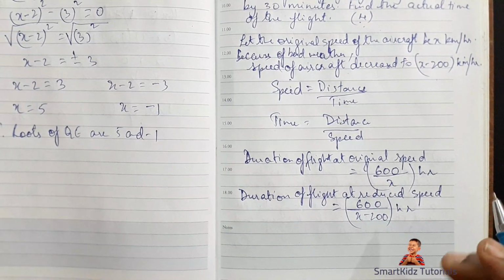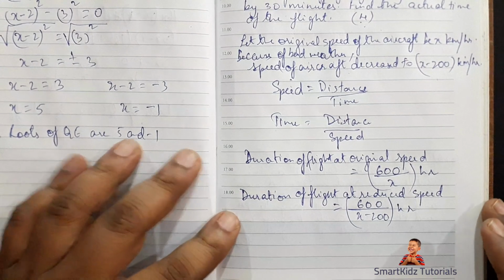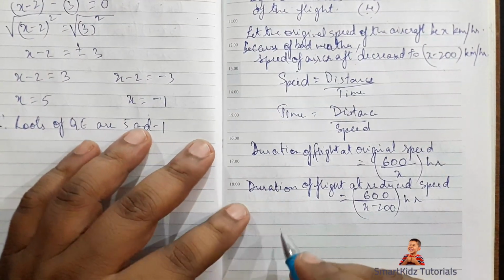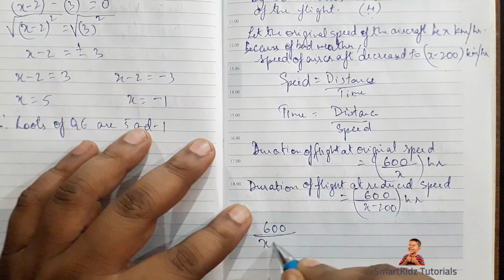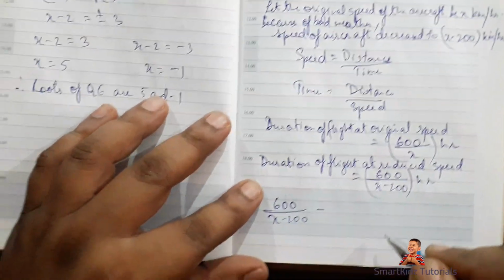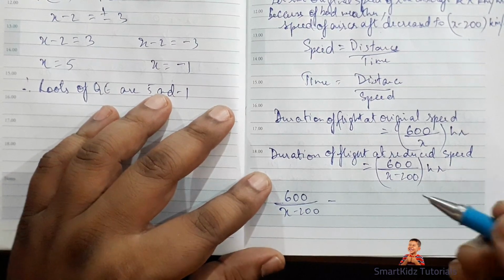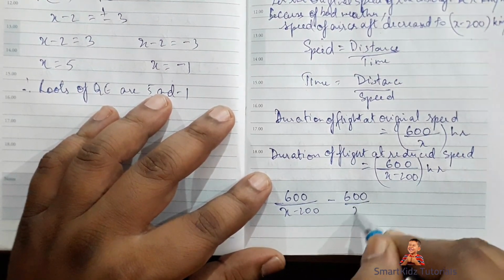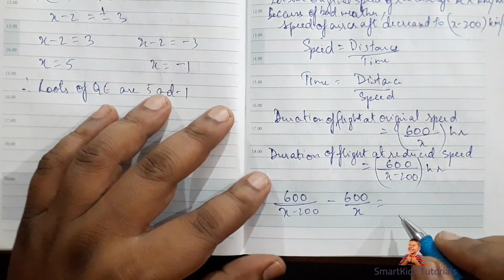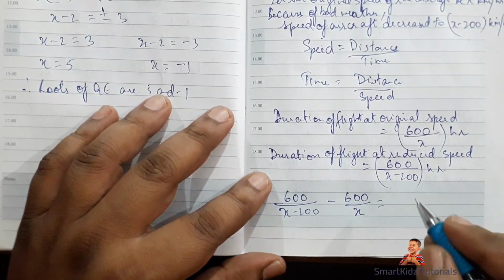Now, what it says is it took half an hour more to reach. So this new timing, that is 600 upon x minus 200, minus what should have been the actual timing, will give us the difference of half an hour. Half an hour, in terms of minutes, how will we write it?